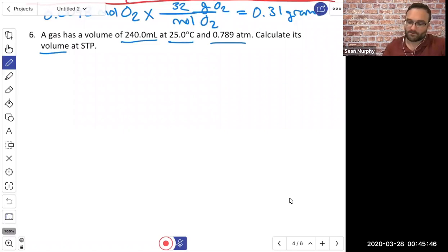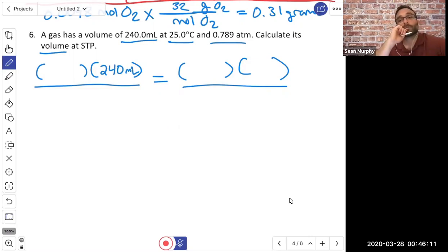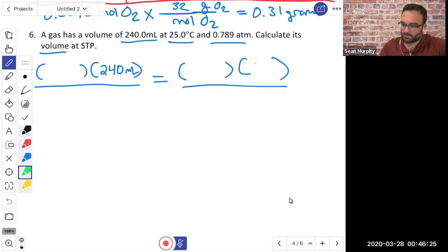So our first volume, let's do our PV over T, and then our PV over T. Our first volume is 240. It doesn't matter about the units for PV over T as long as they're the same on both sides. We're looking for volume, so we need to put a V2 question mark.